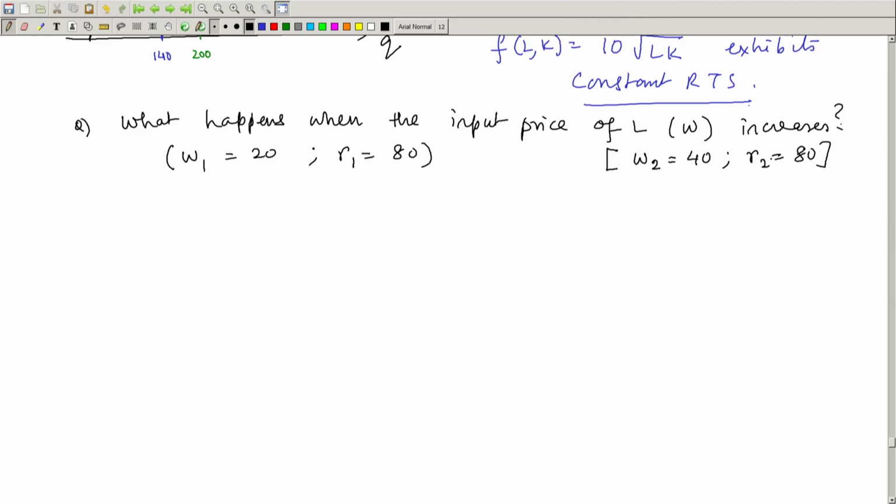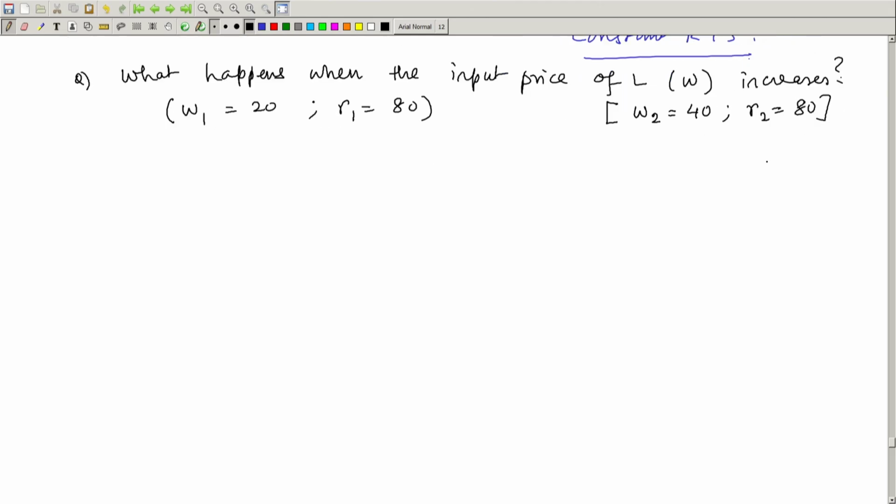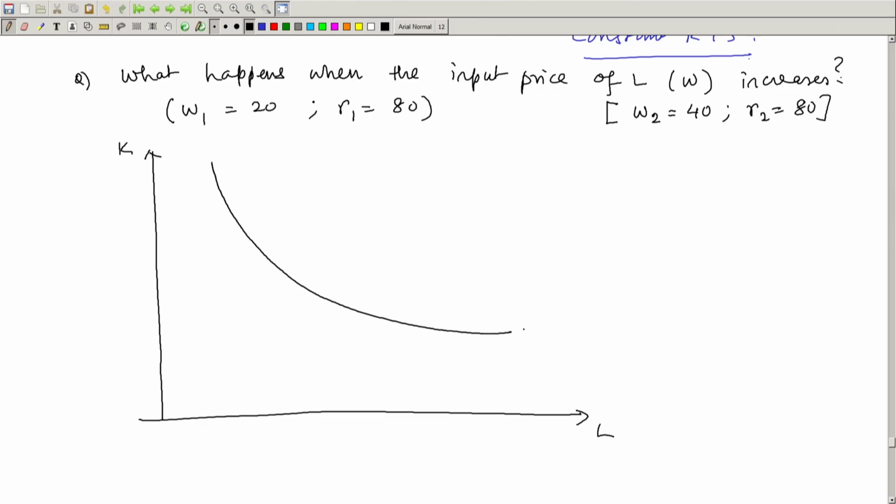So, R2 is exactly equal to R1. Now, R2 also could have changed, but it will be easier for us to understand the case where only the cost of labor has changed. So, the input price of labor has increased, so labor has become more expensive. Let us see what this means. Suppose I have, as before, the isoquant at Q equals 140.